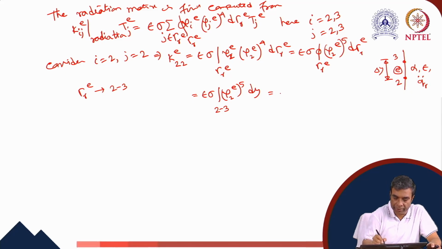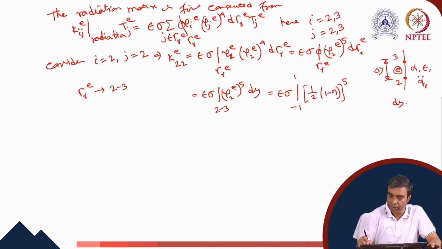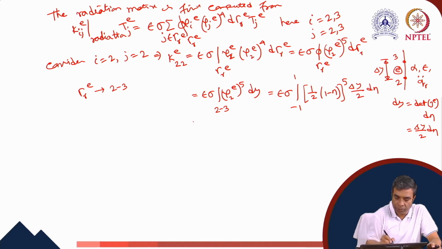So we can write it as epsilon sigma integral from minus 1 to 1. Now this psi 2E is half of 1 minus eta to the power 5, and dy equals the determinant of the Jacobian into d eta. So this is delta y by 2 into d eta.